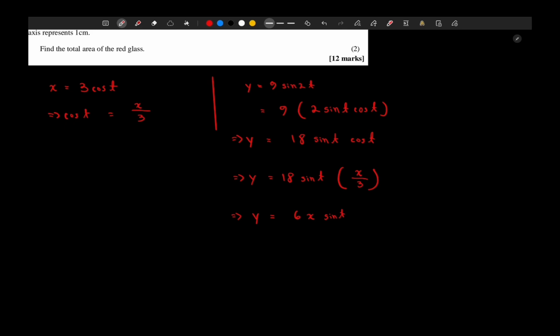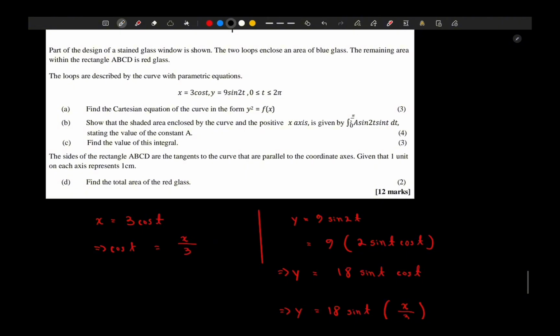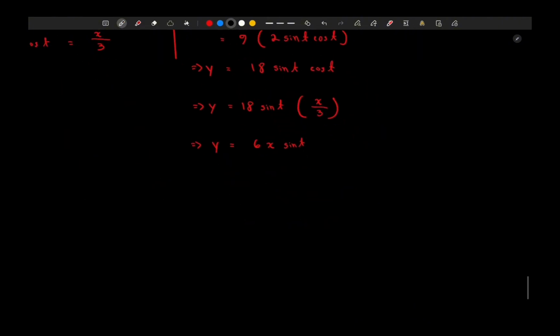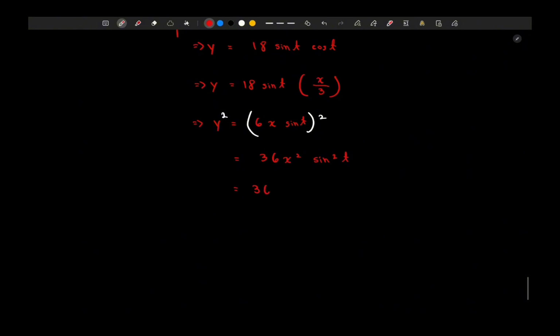Now we need to get rid of sin t. In order to do that, first of all, as you can see in the question, it must be in the form y squared equals f(x). So we need to square this whole thing. So this is squared and this is squared. So this is equal to 36 x squared sin squared t. And we can write sin squared t as 1 minus cos squared t.